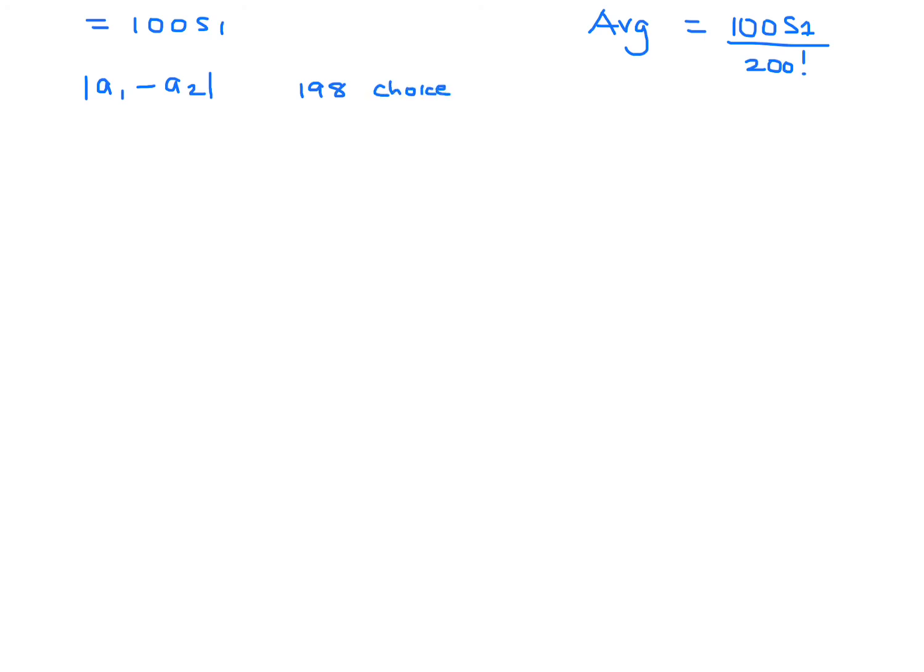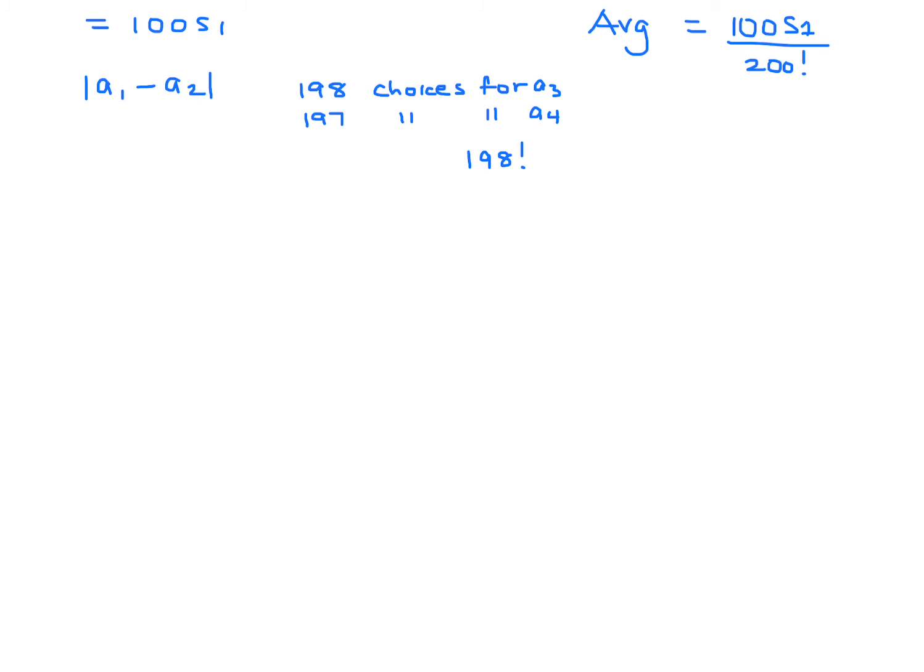And those 198 choices are available for A3. And then there would be 197 choices available for A4, and so on. So each of these gives, combined with all of these guys, 198 factorial permutations, right? 198 times 197 for A4, 196 for A5, and so on.